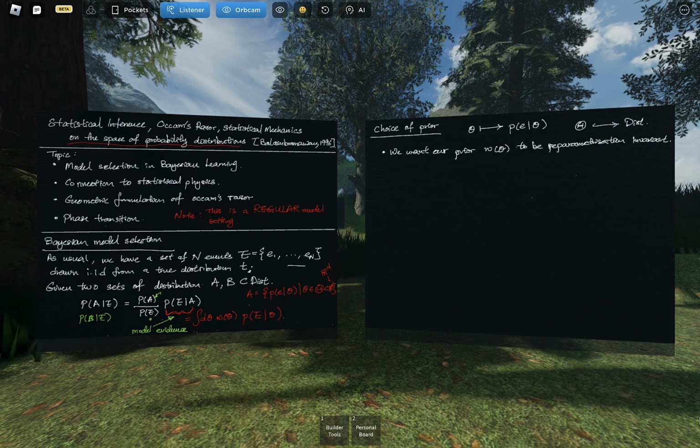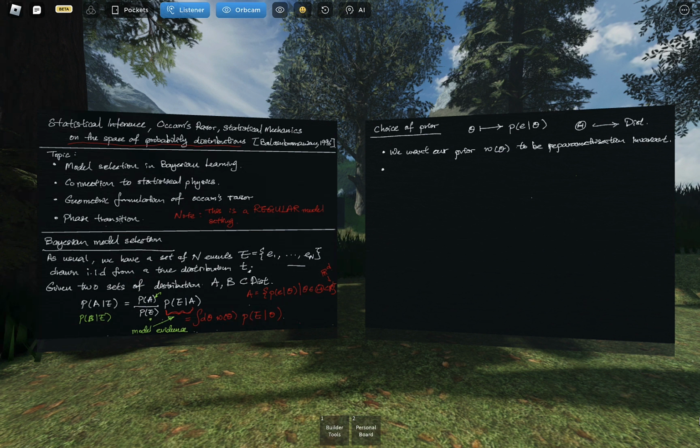Right. And okay, we want the prior to be parameterization invariant, but even in the image, in the space of distributions, we still need to choose, before we look at data, which distribution is more likely than the other.